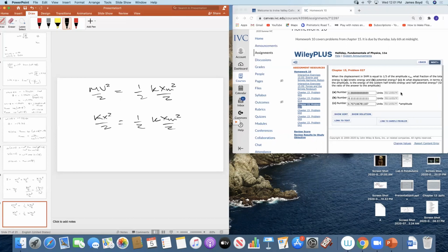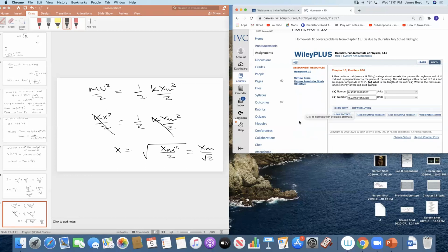At what displacement, yeah. So solving this for x, I can see that 2 over k goes away. And what I get is that x is the square root of xm squared over 2, or xm over root 2. That's just making sure that you understand the kinetic and the potential energy of a spring. It's not meant to be a super hard problem, although it can turn you around a little bit.